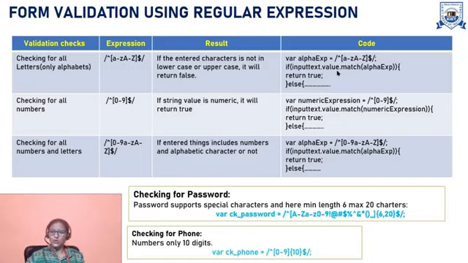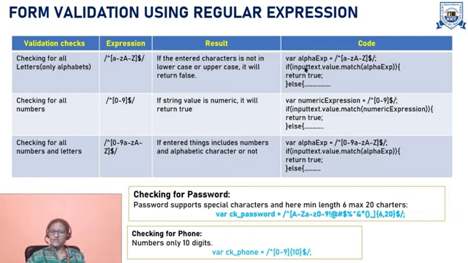When we write the code, we will make a variable, any variable name, and provide the regular expression over there. Starting will be like this, and this is the end, nothing beyond that. Now we will check for the particular field where we are entering the value.